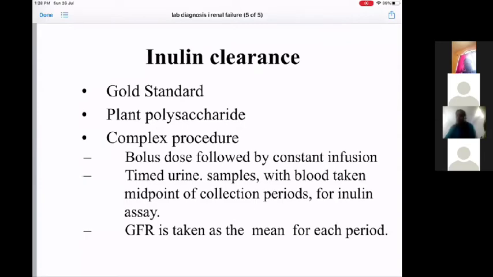Urine samples are taken along with blood, and the midpoint of the collection period is used for the inulin assay. If we start from 6 a.m., then the midpoint is around 12 p.m. for the collection period, and GFR is taken as the mean for each period.